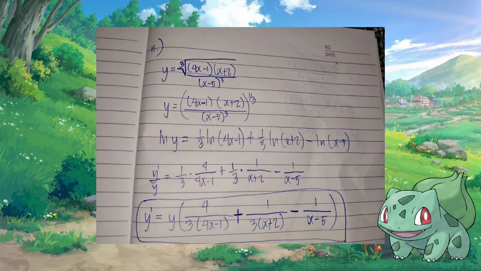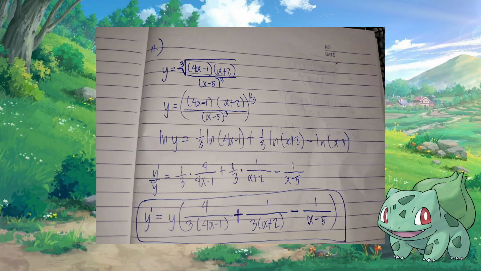For number 11, y equals the third square root of (4x minus 1) times (x plus 2) over (x minus 5) raised to 3. So given this, we need to change the square root to the exponent of the given.